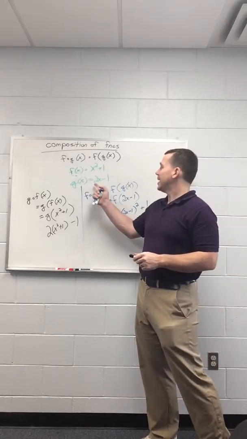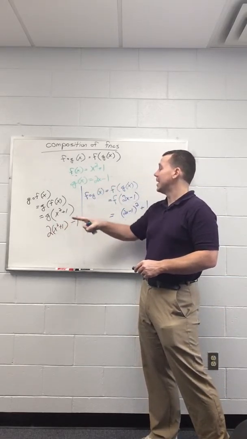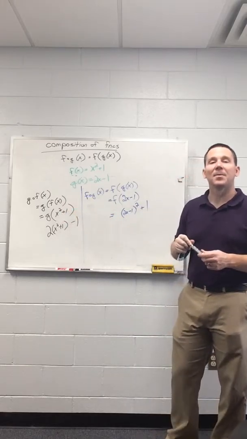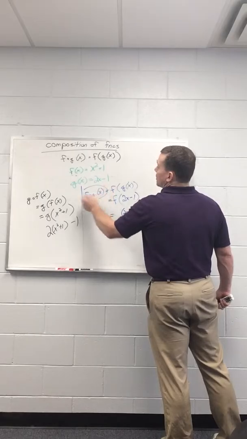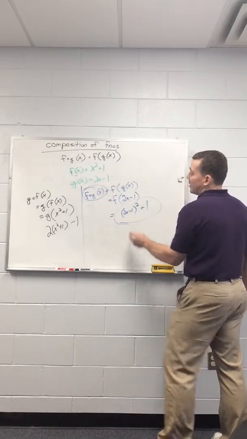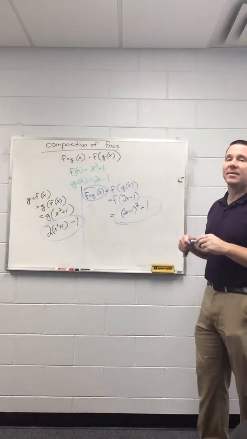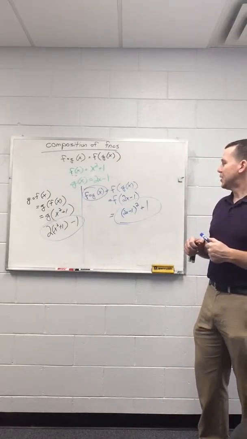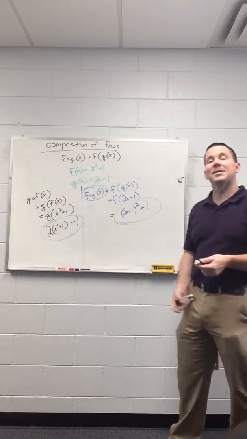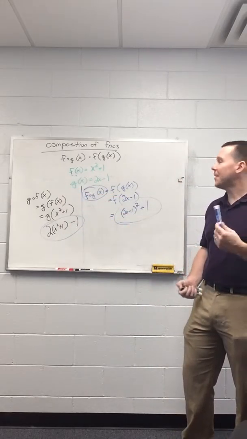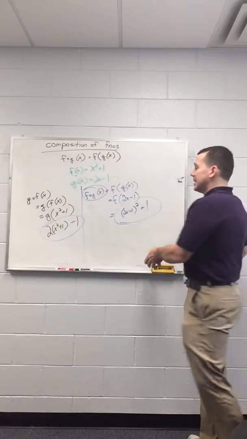So there's my 2x minus 1, where that's the x I plug in. And again, an important note here, f circle g of x is that. g circle f of x is that. They're not equal at all. So do not assume that f circle g and g circle f are the same. In general, they're not. There are times when they will be the same. We'll look at that later in the semester.